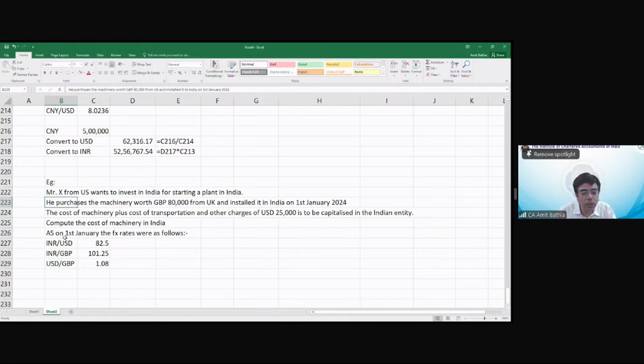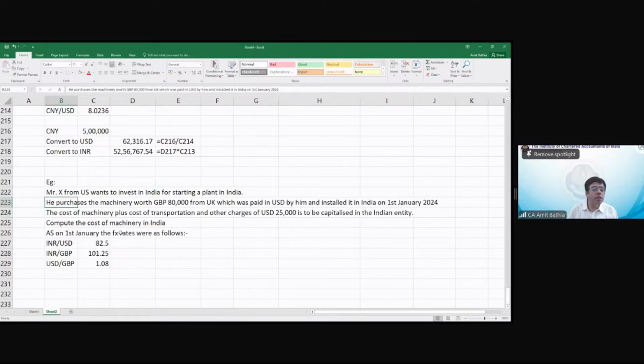He purchases. I'll add one more thing over here, which was paid from US in USD by him and installed it in India. All right. So now Mr. X from US wants to invest in India for starting a plant in India.